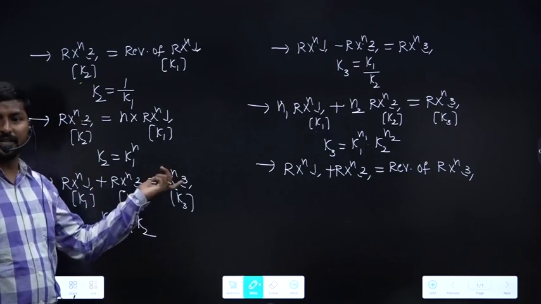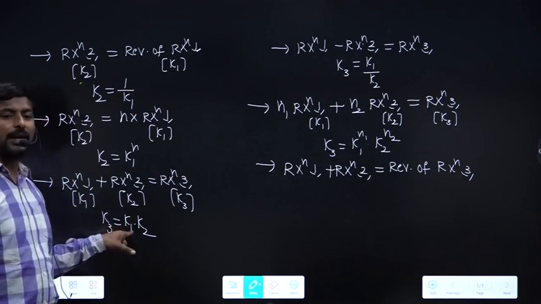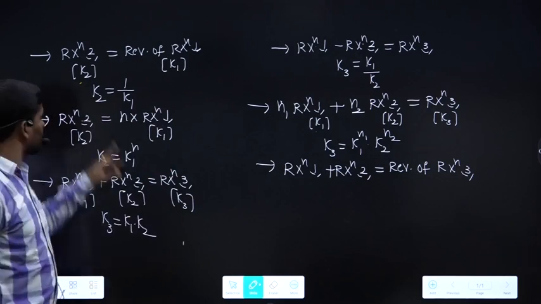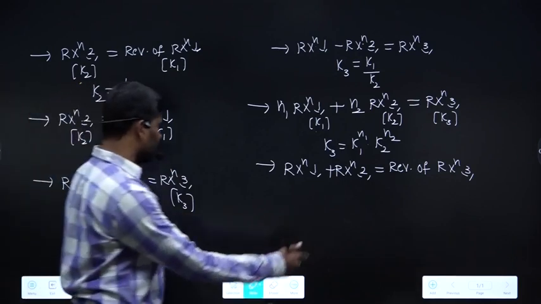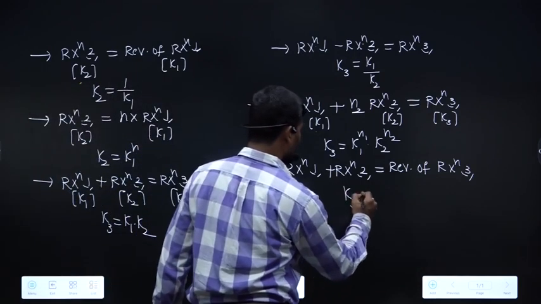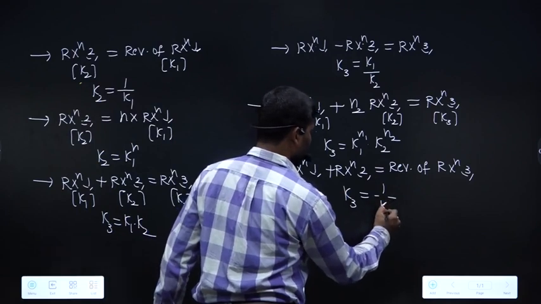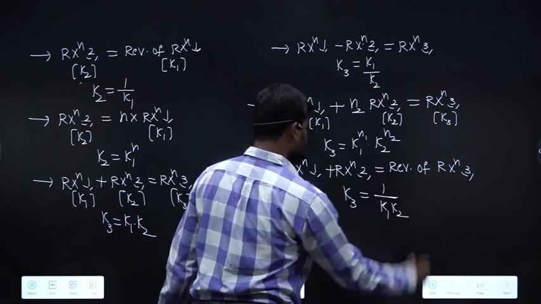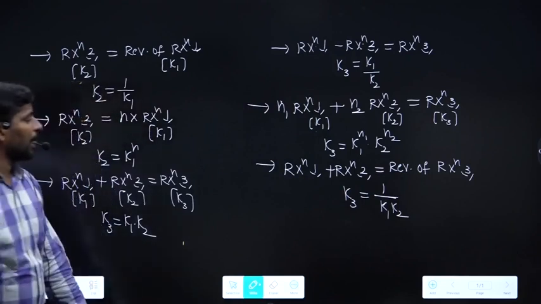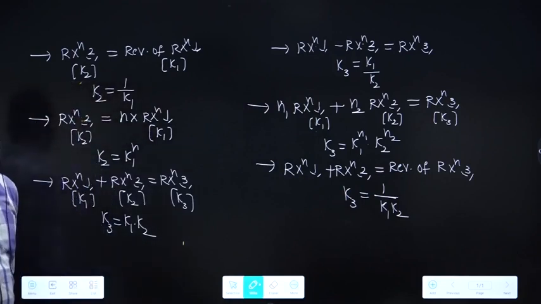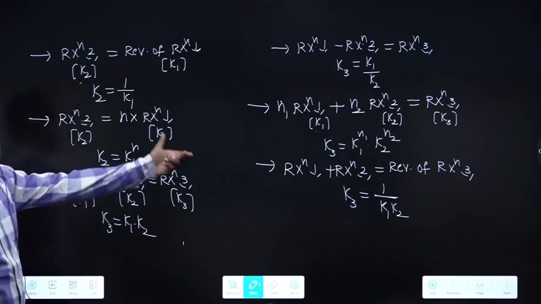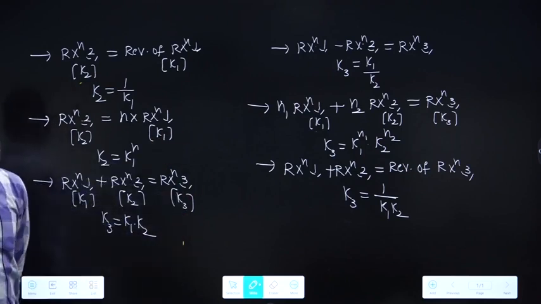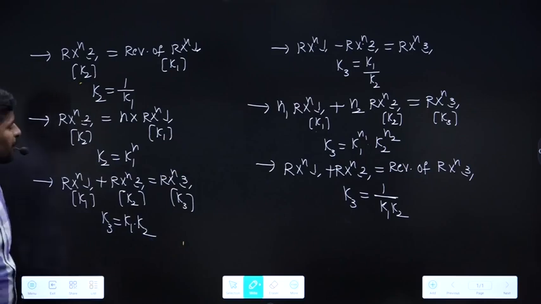But if we get the reverse, then reverse means we have to take the inverse. So in such a case, K3 is equal to 1 by K1 into K2.